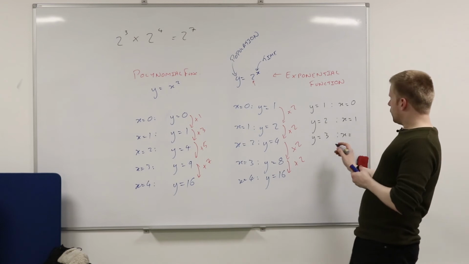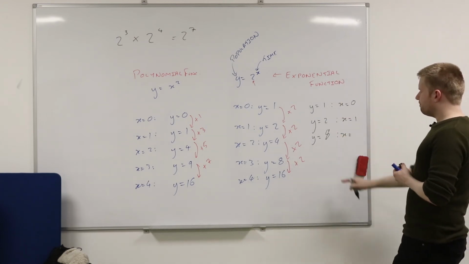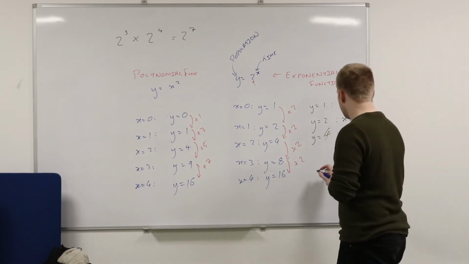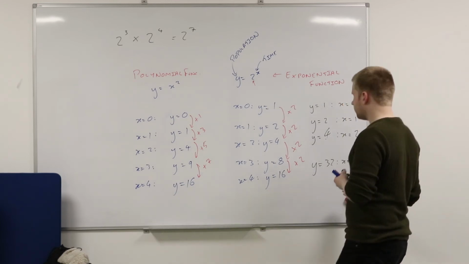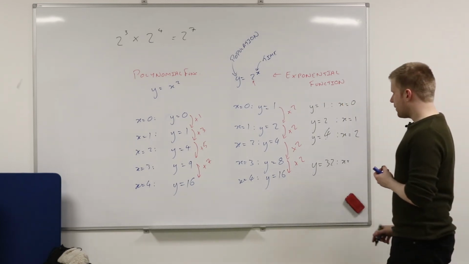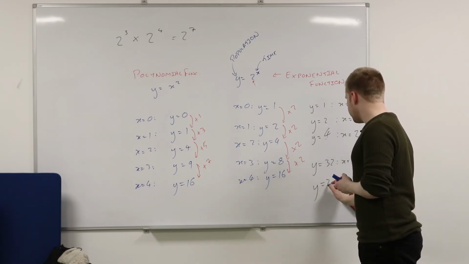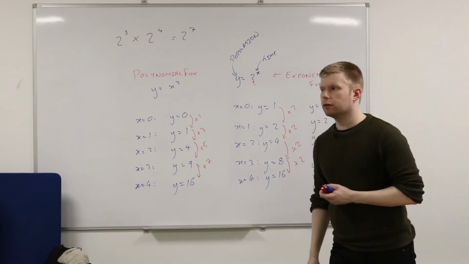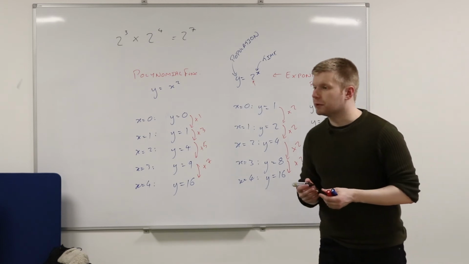If y was equal to 4, what would x have to be equal to? 2. Okay. If y was equal to 32, what would x have to be equal to? 5. It's 5. Yeah, good. If y was equal to 256, what would x have to be equal to? Let's see who knows our powers of 2. It's 8.